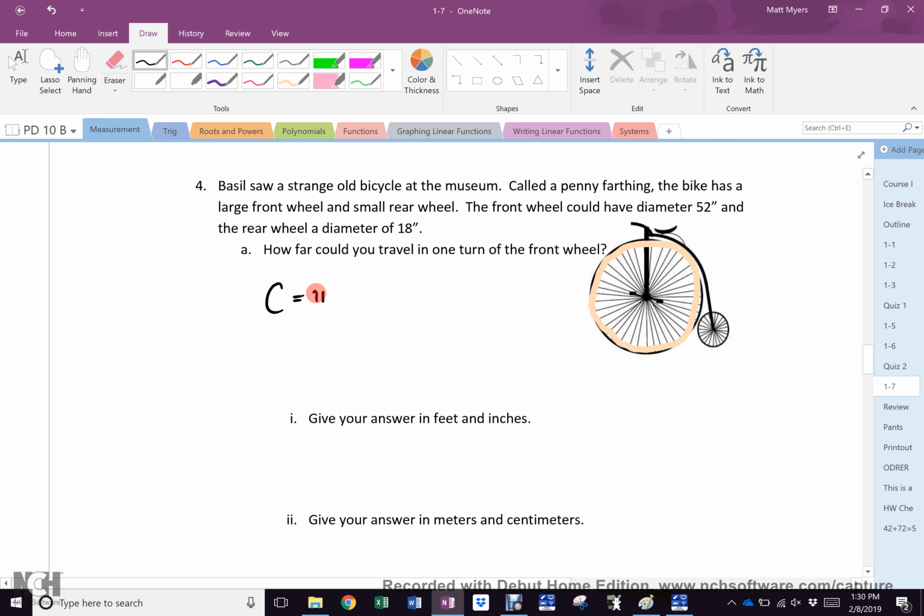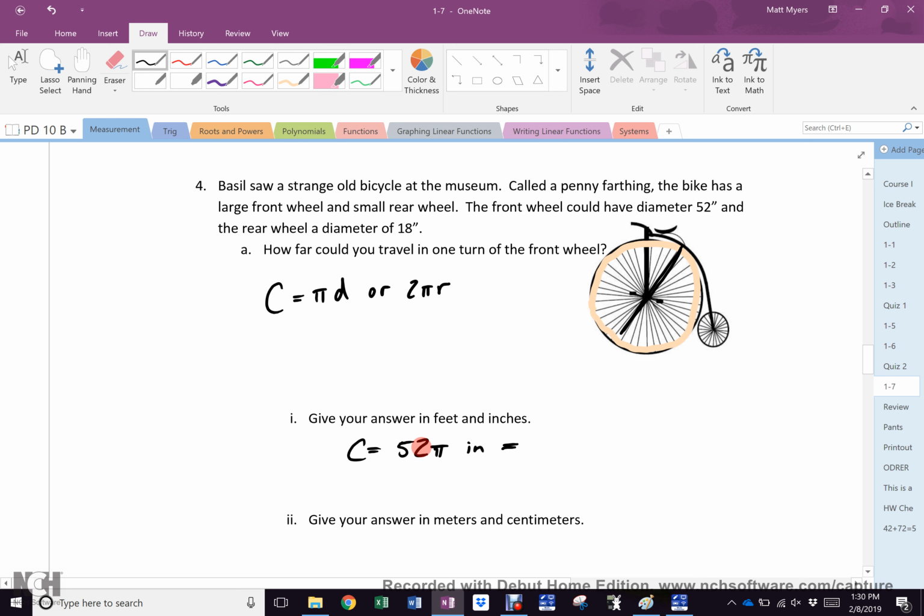Circumference equals pi d or 2 pi r, right? I have this diameter in inches. So circumference equals 52 pi in inches.